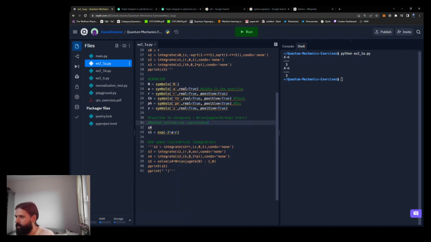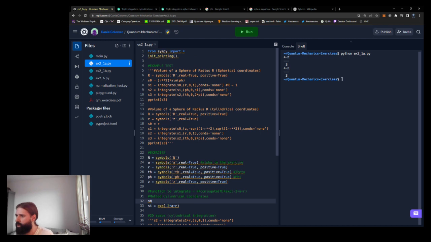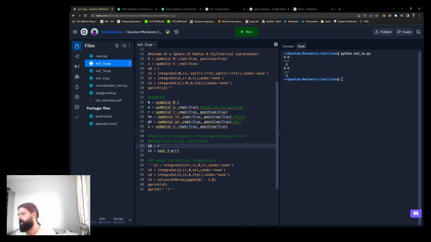Cylindrical coordinates, and so the setup is the same. The S0 is just R. That's the radius of our example. It's the radius of our setup. And then S1 is our expression.